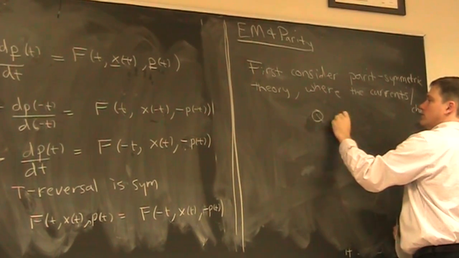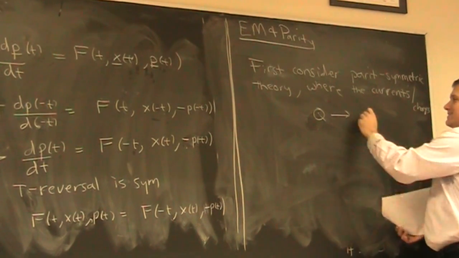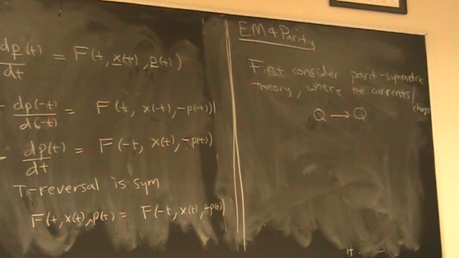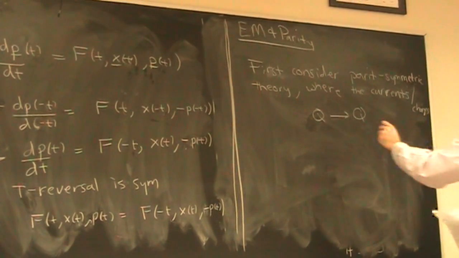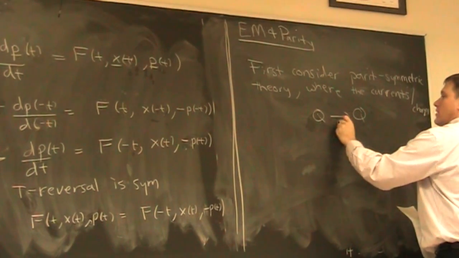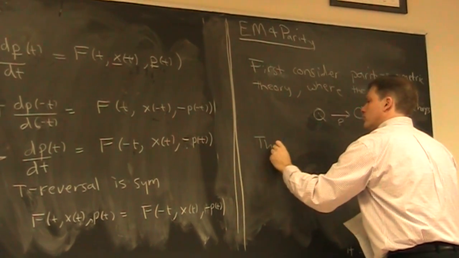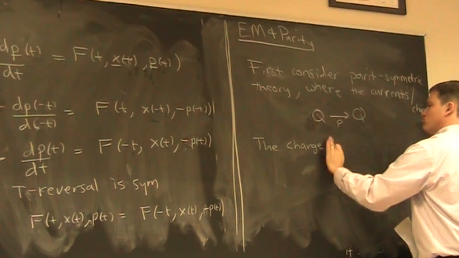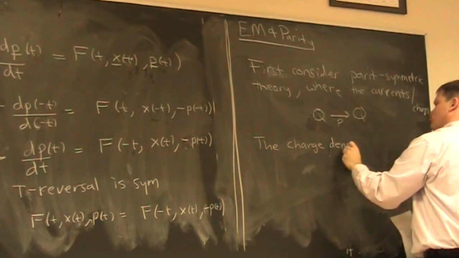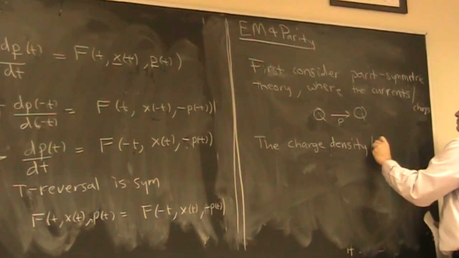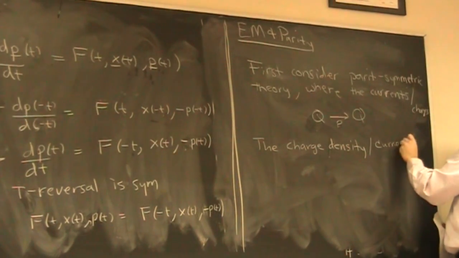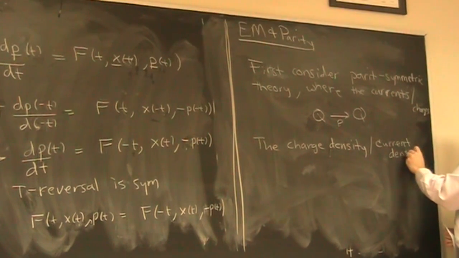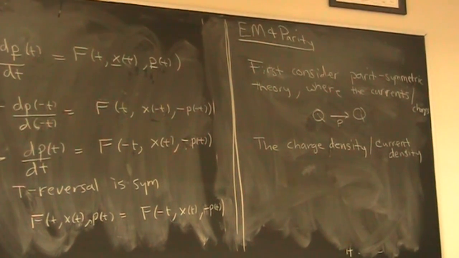If I invert my coordinates, I normally say the charge is unchanged. The current is like charge times velocity, and if I invert my coordinates, velocity changes sign.